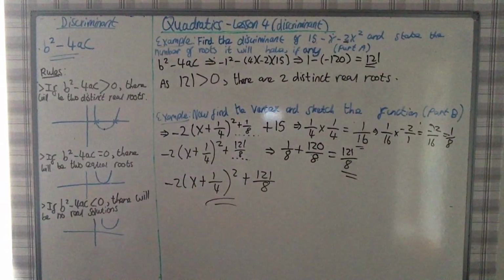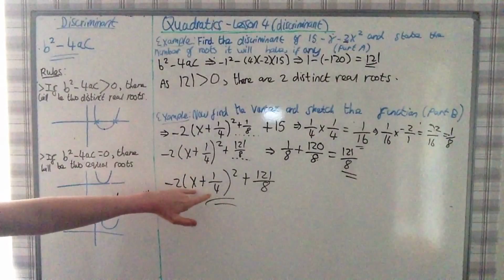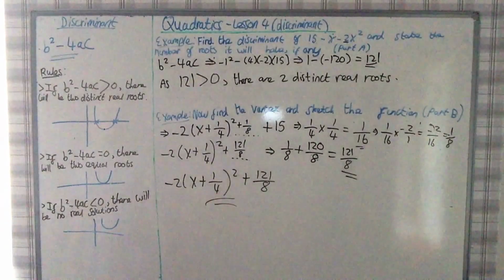So, how do we find the vertex from the point we're given here? Well, the vertex of the graph is going to be the inverse of what we have here.